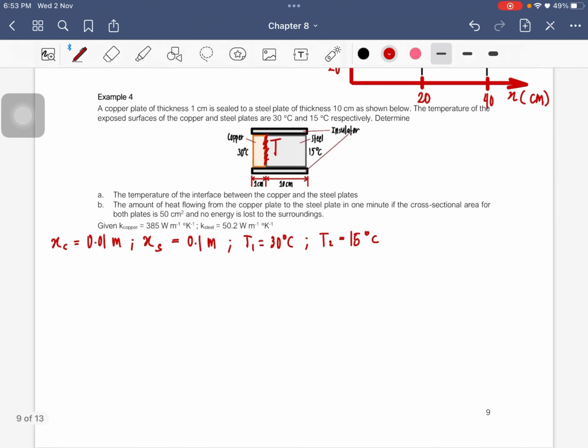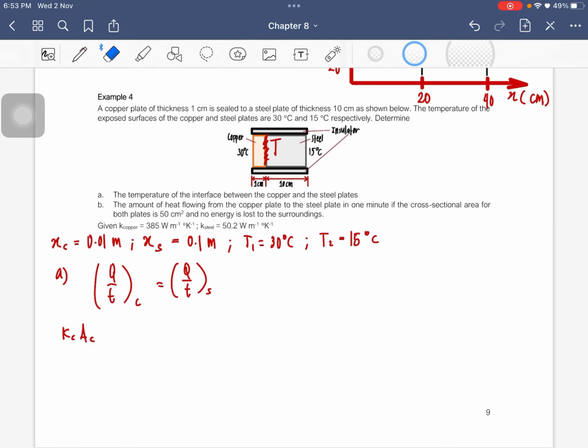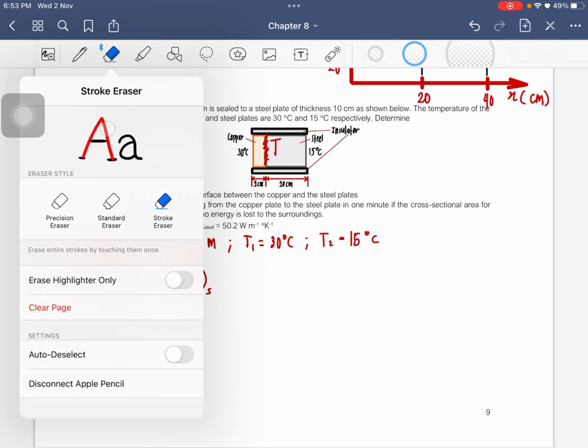Okay, so how do we do that? Since there is no energy lost to the surroundings, the rate of heat transfer should be equal for both plates because they are in steady state. So what we can do is Q over t for copper equals Q over t for steel. Do they have the same cross-sectional area? They should, yeah. They just don't have the same length.